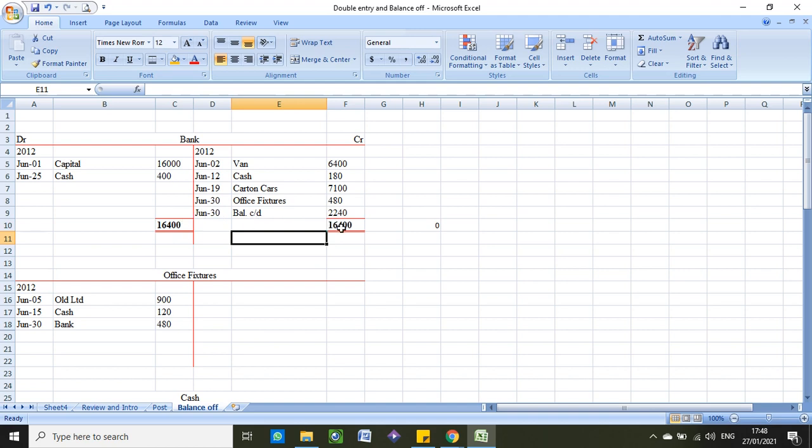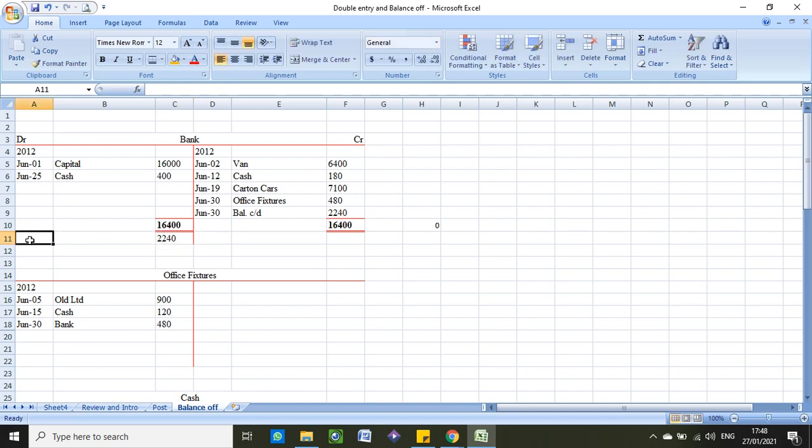because these two numbers or totals are the same. Now I am not finished there because I need to take this balance and take it to the following month, which is July. So first I transfer that balance carried down here on the opposite side.